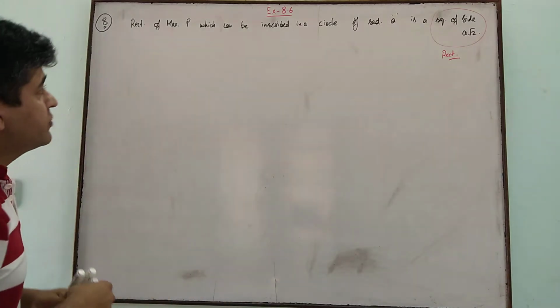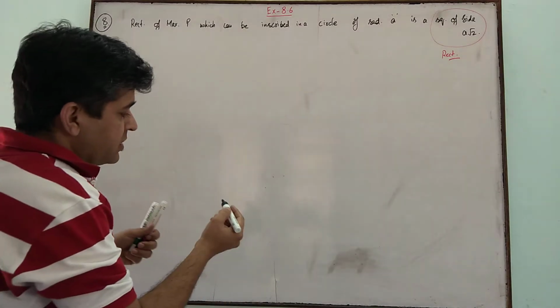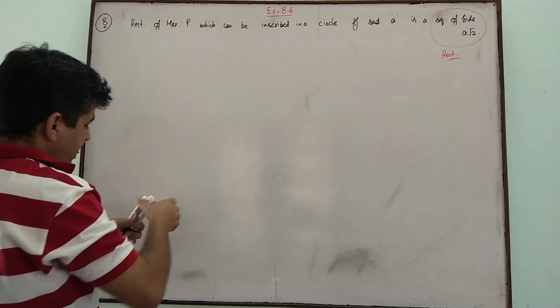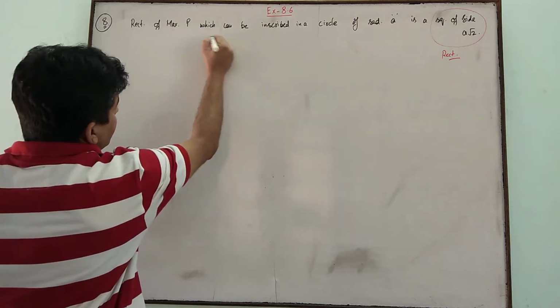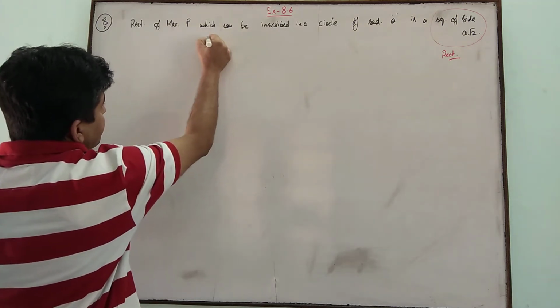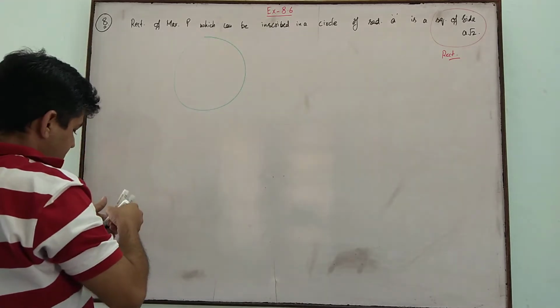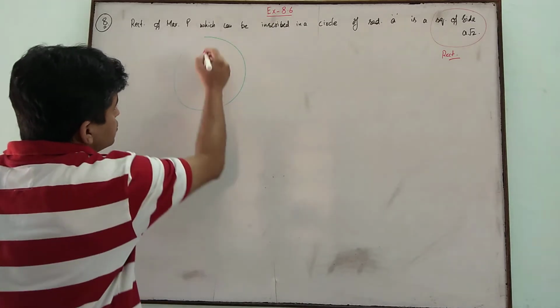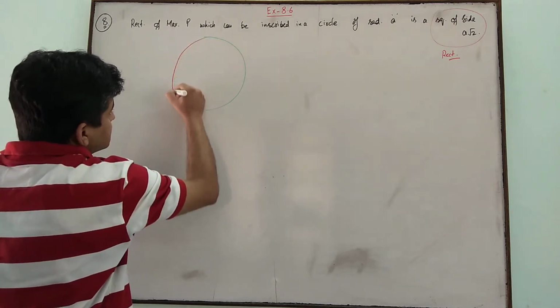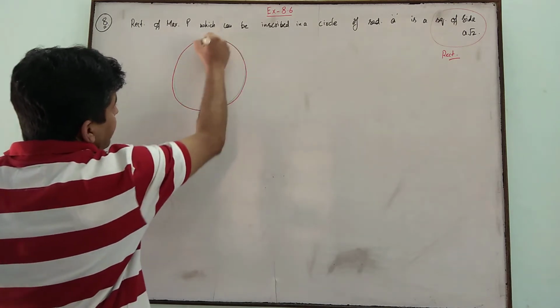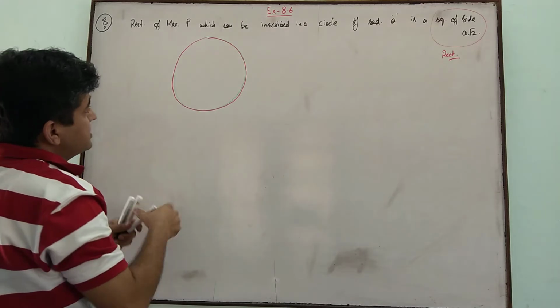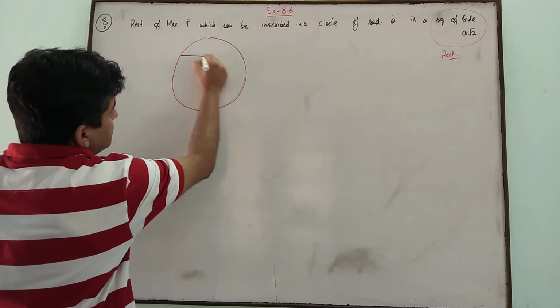We need to prove this with the condition that there is a circle whose radius is a, and a rectangle is inscribed in that circle.